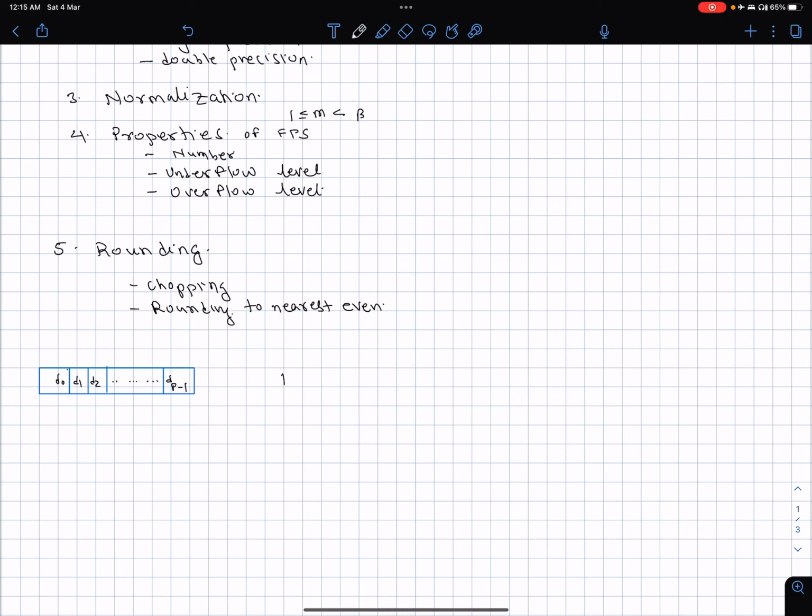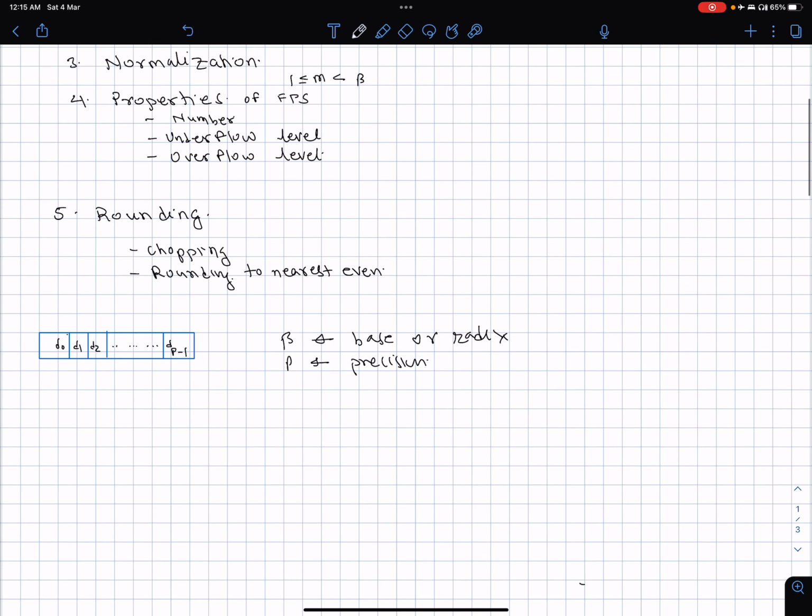In the number system the base is beta, also called the radix, and P is the precision. So 8-bit, 16-bit word, 32-bit single precision, double precision, like that. And the exponents have a range L to U.